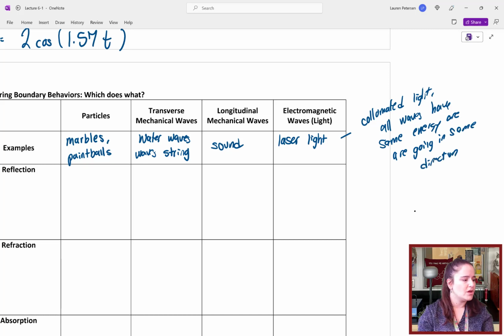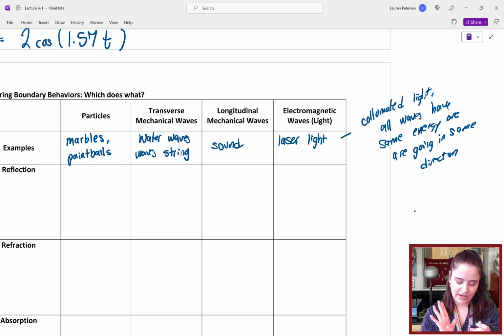For example, my cell phone flashlight puts out a lot of different colors of light in all directions. That's what's going on here. The laser light, you probably can't see until it hits something because light needs to reach our eyes in order for us to see it.